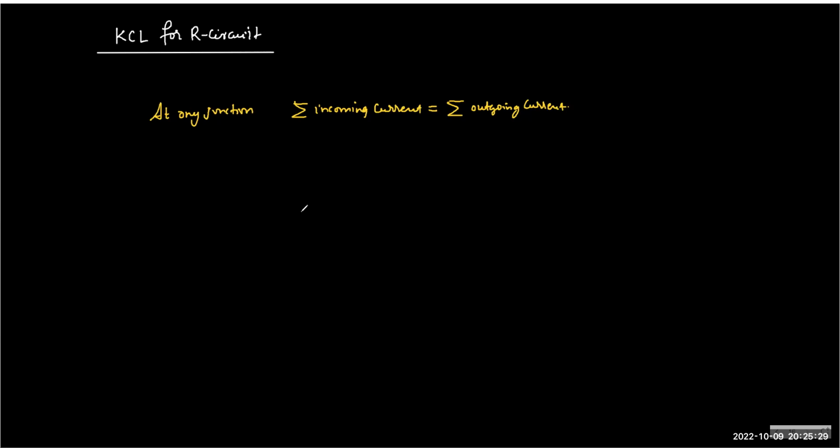So if we have a junction, and you know the potential of the endpoints somehow by some means.